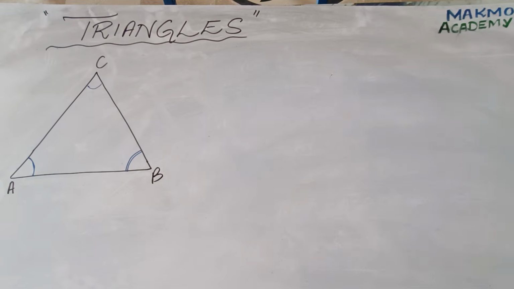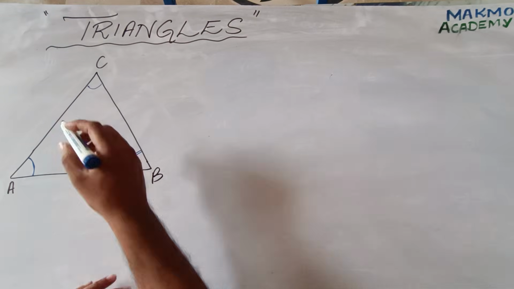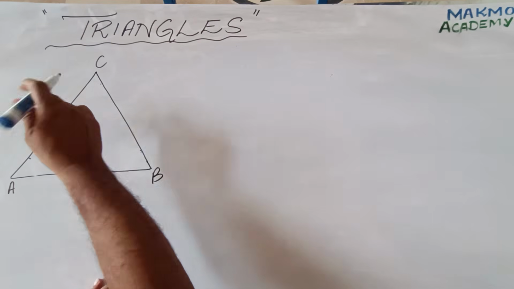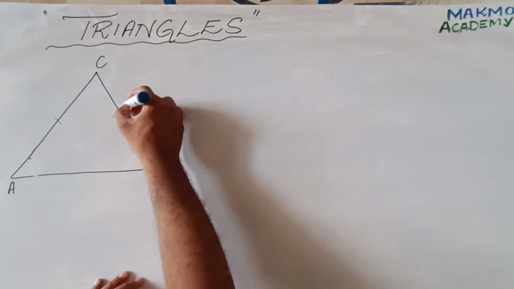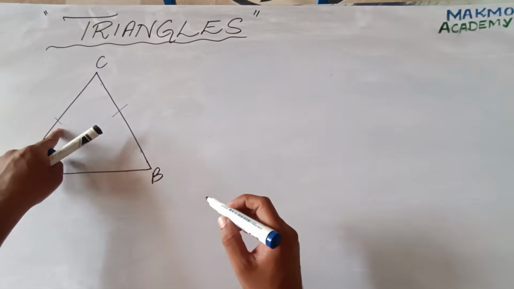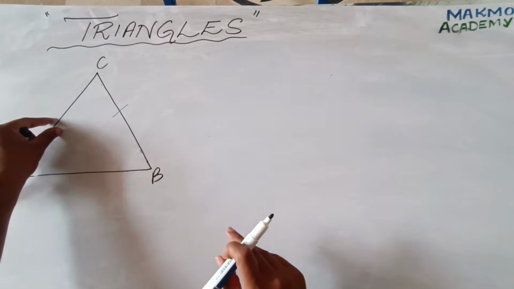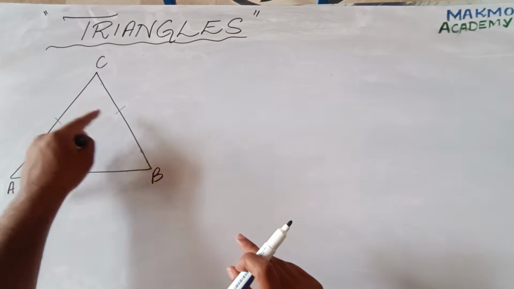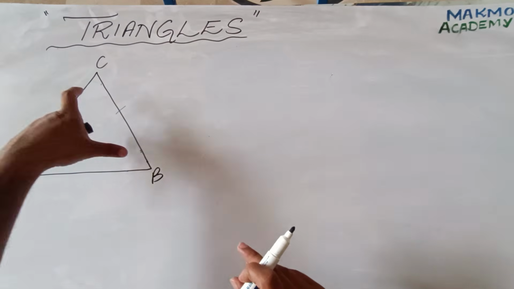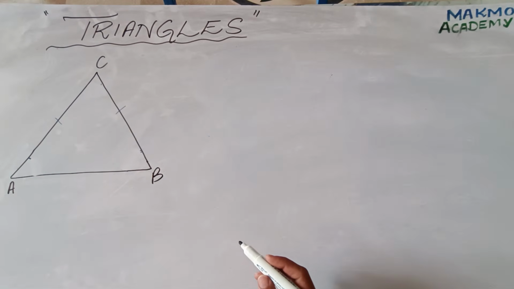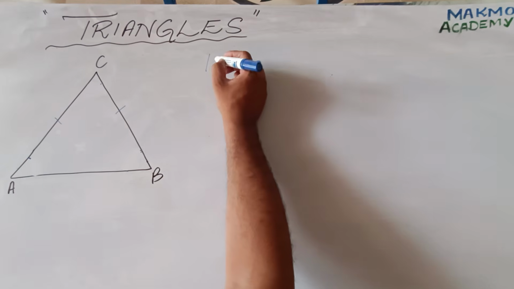If a triangle has two equal sides, for example, if the lengths of AC and BC are equal, this is the demarcation of equal lines. If there is a small line over here and over here, it means that the lengths of these two sides AC and BC are equal to each other, and that triangle is called an isosceles triangle.